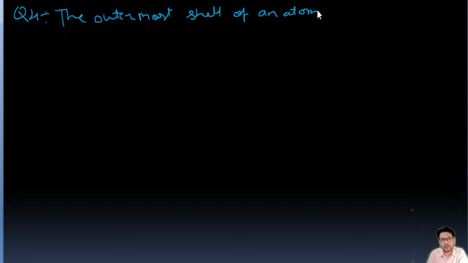is a good question. The outermost shell of an atom of an element is 3D3.